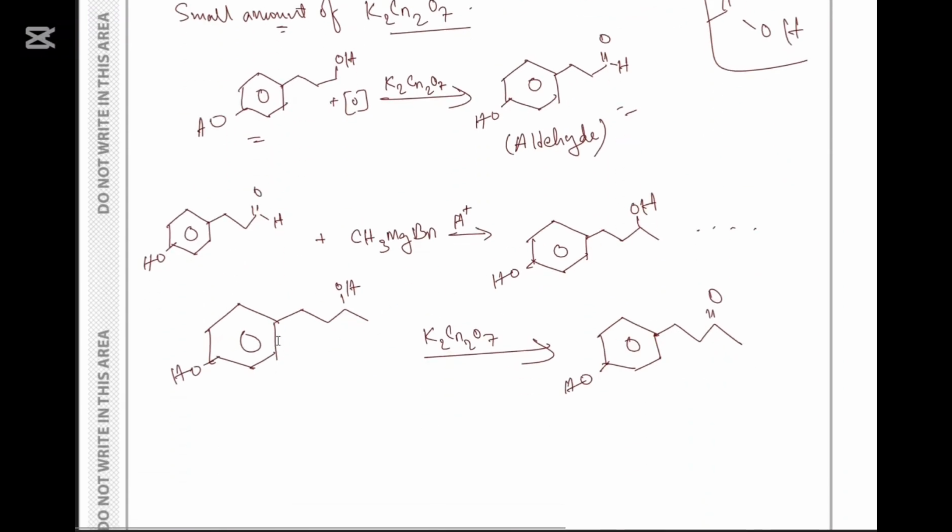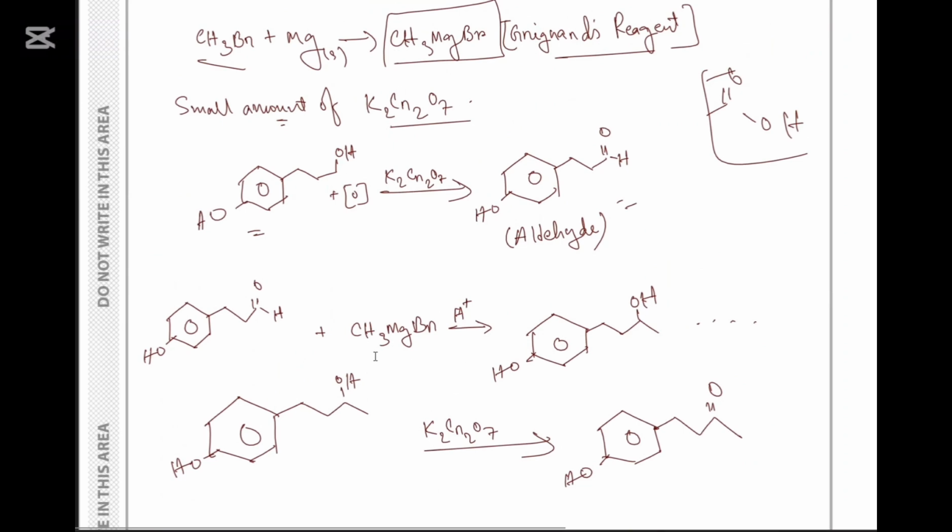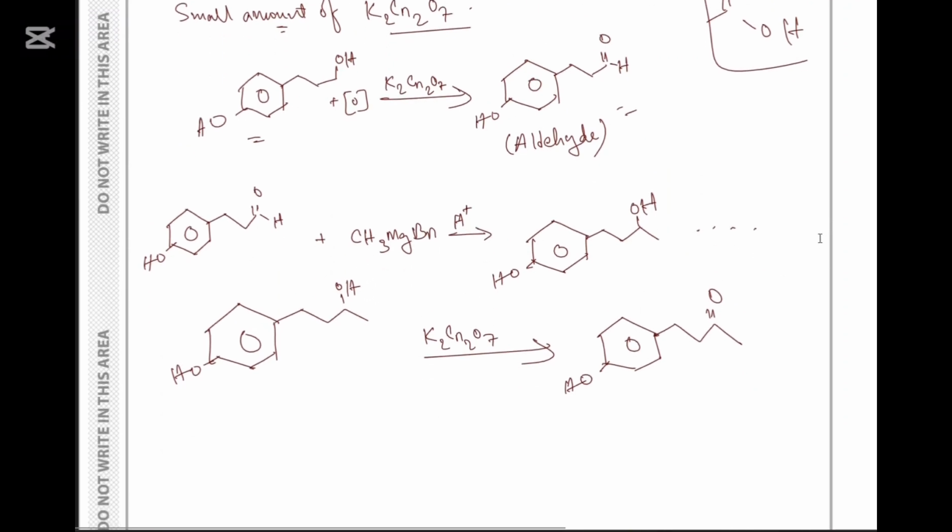This aldehyde can then react with the Grignard reagent, CH3MgBr, and what happens is this O becomes OH, and this alkyl chain gets attached at this bond. As you can see, this is the CH3, and the rest of the components form. You don't have to mind whatever else forms.